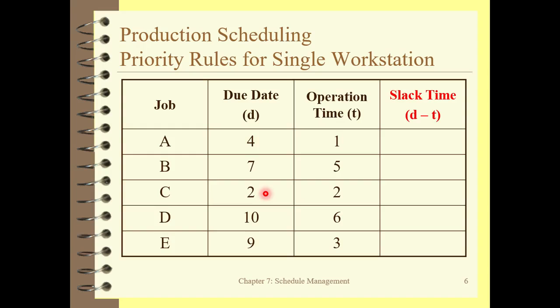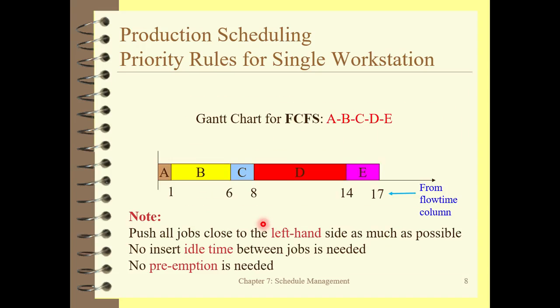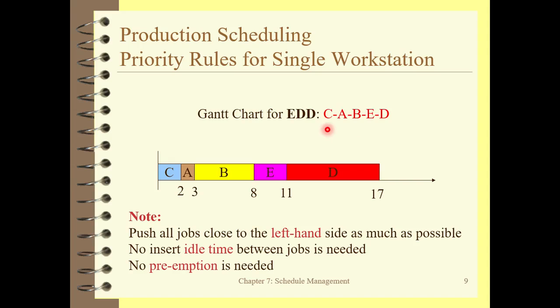So you start from C, A, B, E, and then D. Then you construct the Gantt chart as we did in our last example. So I will repeat it for you again.